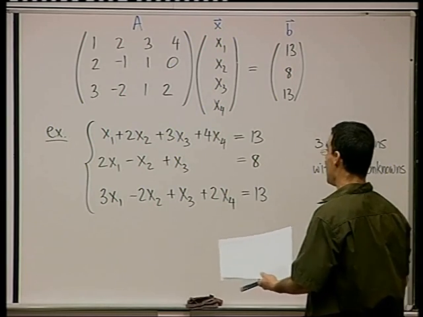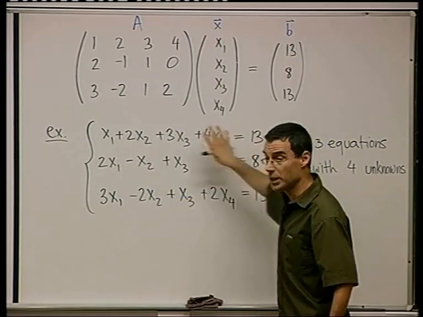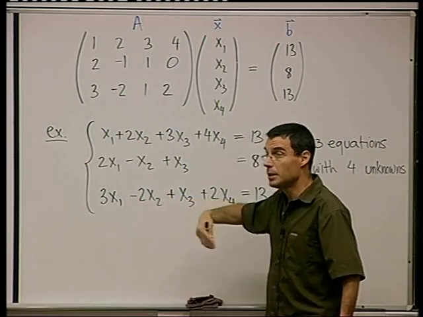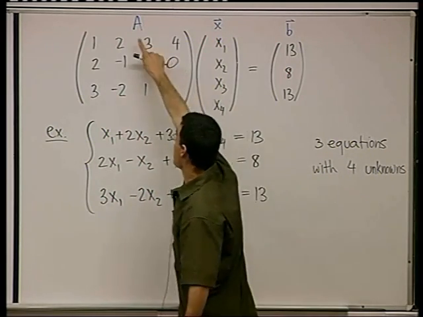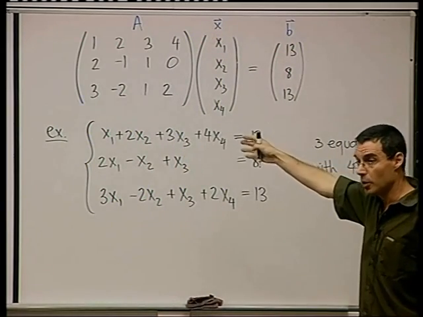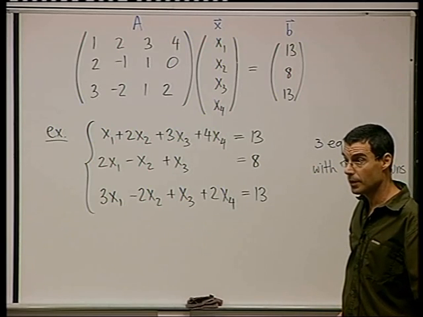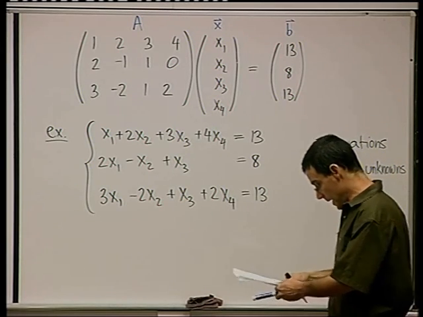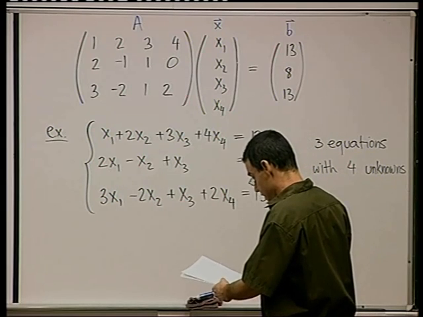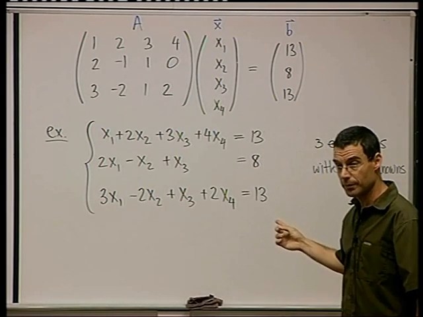Okay, so compactly, any system of linear equations can be represented as AX equals B, where A is the coefficient matrix, X is the unknowns, and B is the constants. Okay, good? And the question you might ask is, what is this good for?